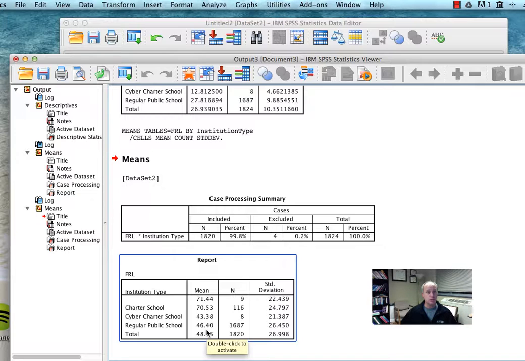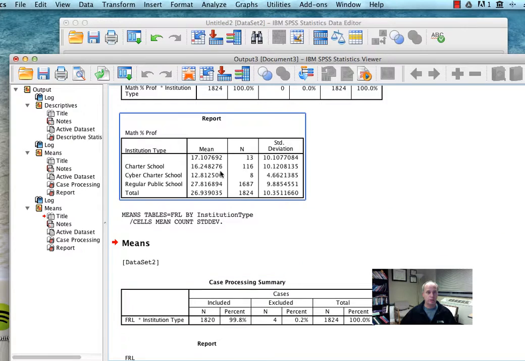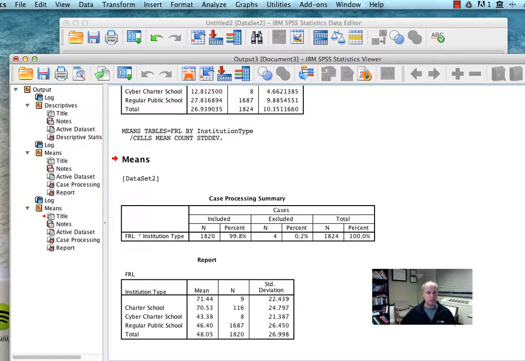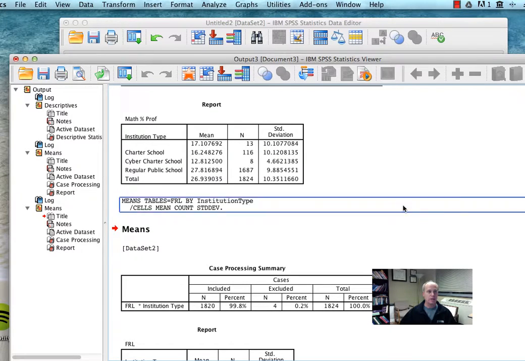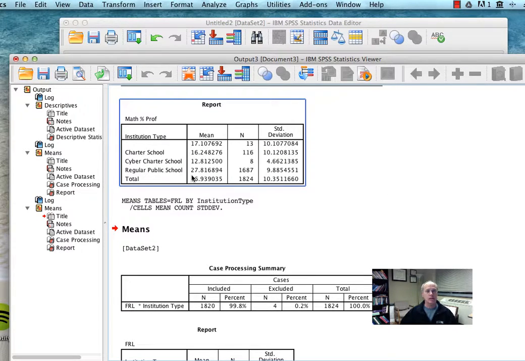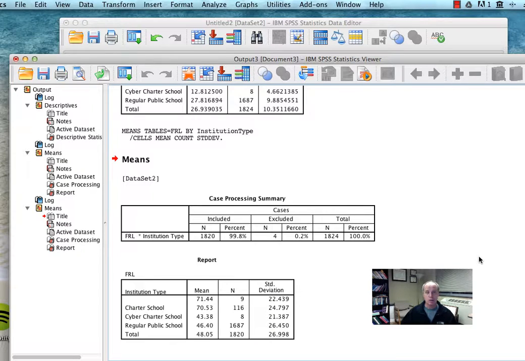So yes, there is more poverty, and that could explain why they're not doing as well. But look at cyber charters. Actually, pretty close poverty level to regular public schools for free and reduced lunch. I should be more careful how I say that. Whereas cyber charters are performing very poorly in terms of proficiency of math for grades 4 through 8. So that's an interesting finding.